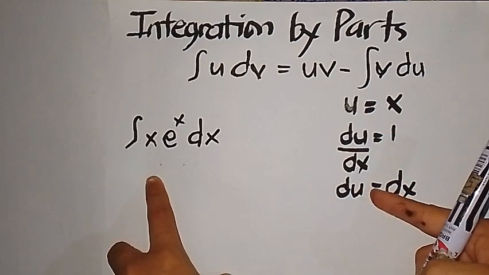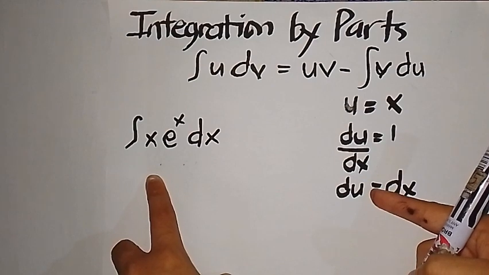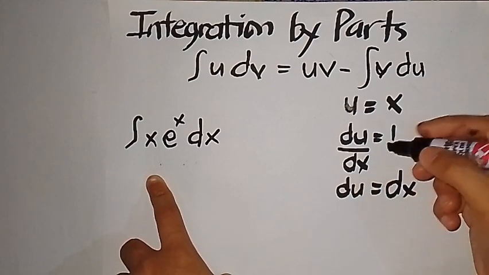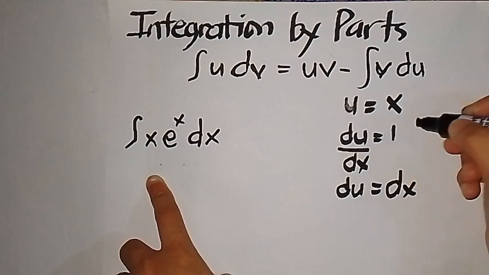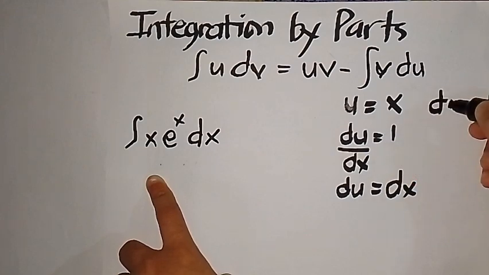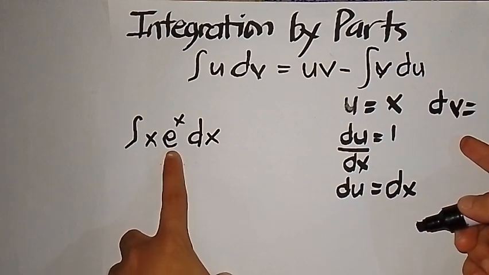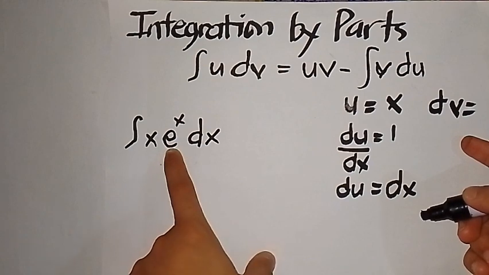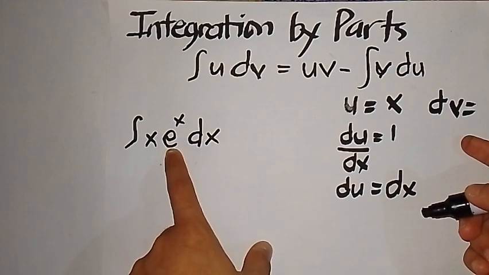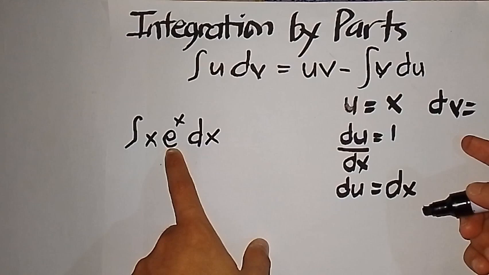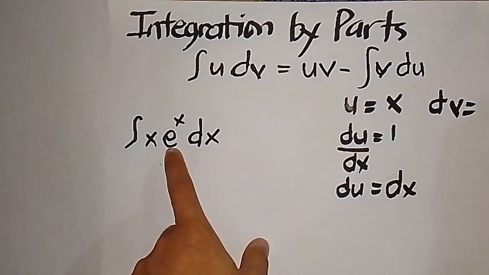The next step is to label the dv. Our dv means the left part, what is not labeled as u. We have the rest of the part that is not being labeled as u, so that's our dv.